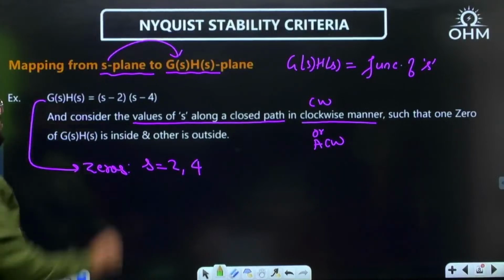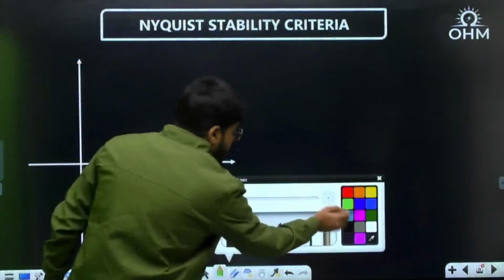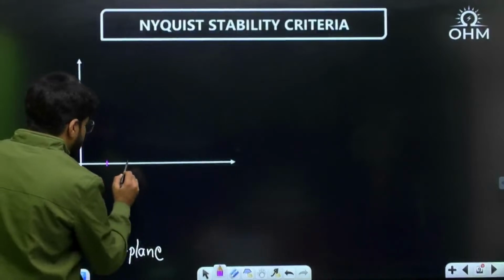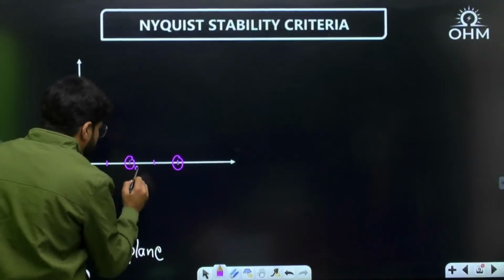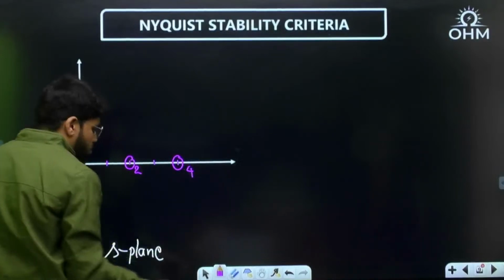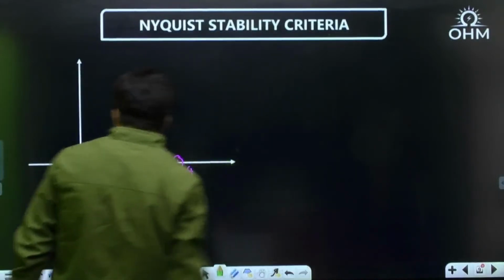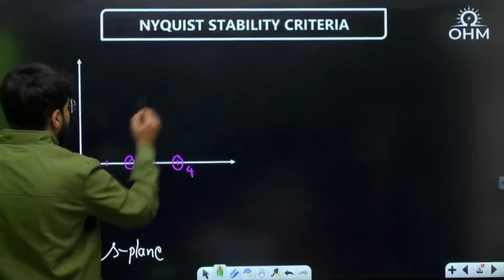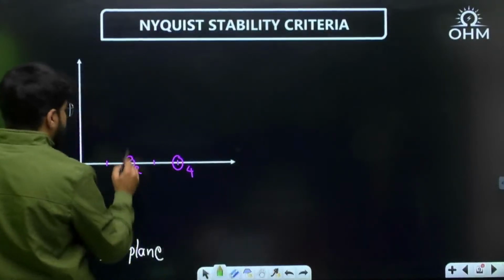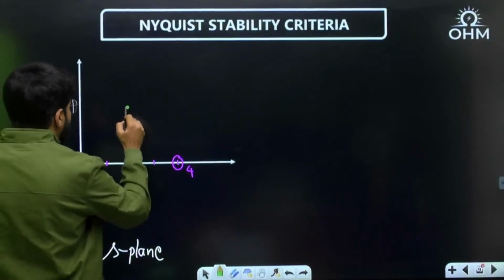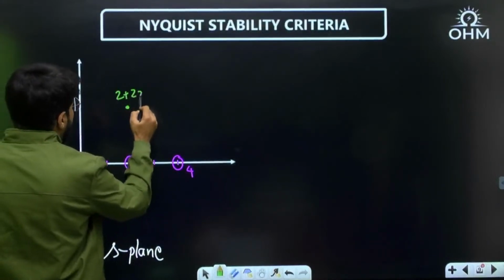Where are the zeros? S equal to 2 and 4. These are the two zeros of the function. One is at 2, one is at 4. So based on that, let me start. Suppose this is 2. Let me start with this value, suppose the value of S is 2 plus 2i.